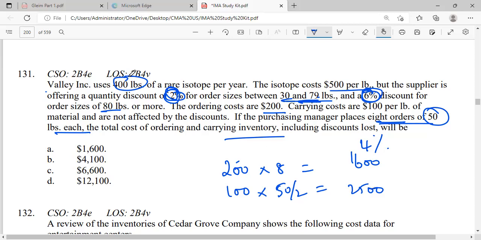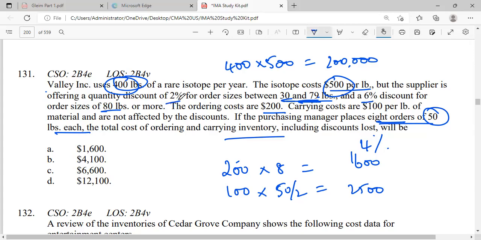400 pounds into 500, this is the order which you're going to make. So 400 into 500 is 200,000. Now on this 200,000, you have got a discount of 2%, but you could have got a discount of 6%.